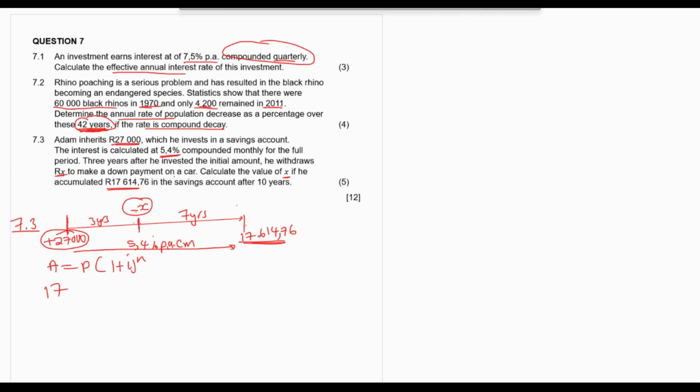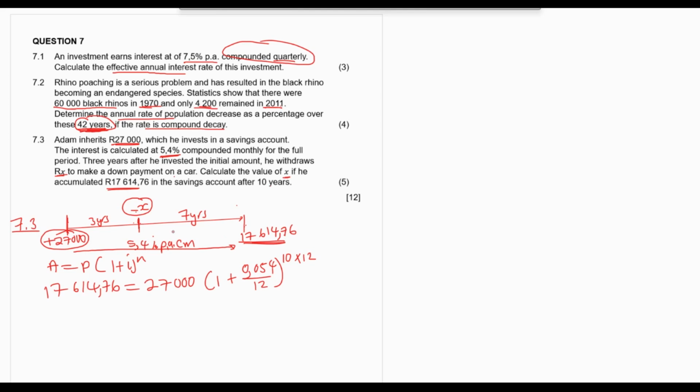We have our 17,614 rand 76, which is our accumulated amount, equal to, let's start with 27,000, which is invested for the total of 10 years. So it's 27,000 times 1 plus 0.054 over 12, because it's compounded monthly, and it's there for 10 years, so it's 10 times 12.